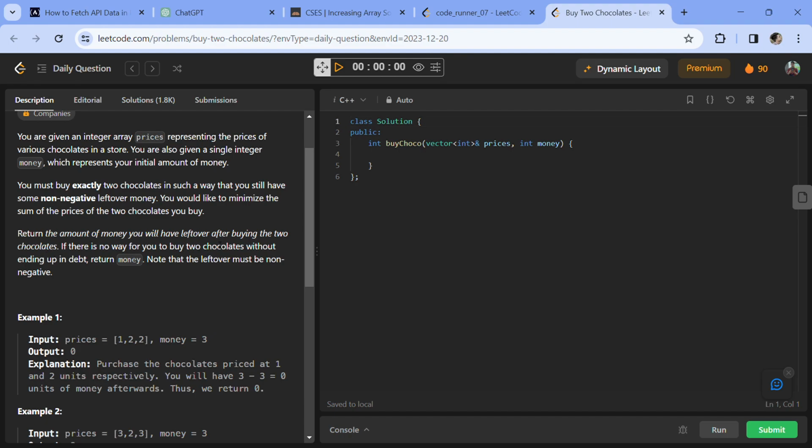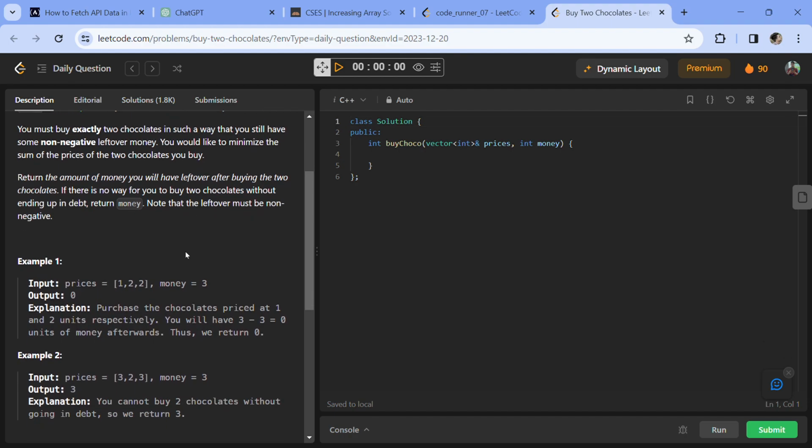So we have to return the money that you will have left over after buying the two chocolates.